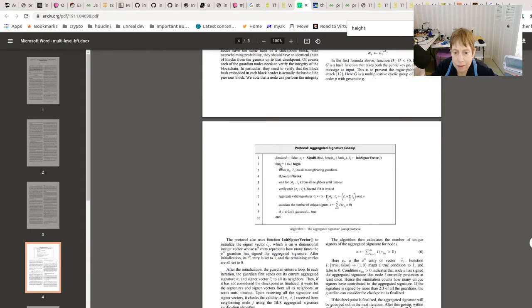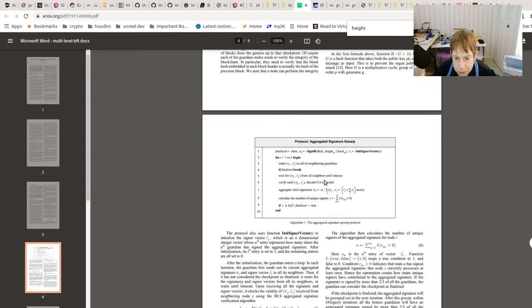So what it does is send to the neighbors. If it's finalized, it's done. It gets the response, it verifies, and then it computes this aggregate and calculates how many signers we have. If it's greater than 2/3 of the nodes, you're done. So that's the whole concept of how this finalization works.